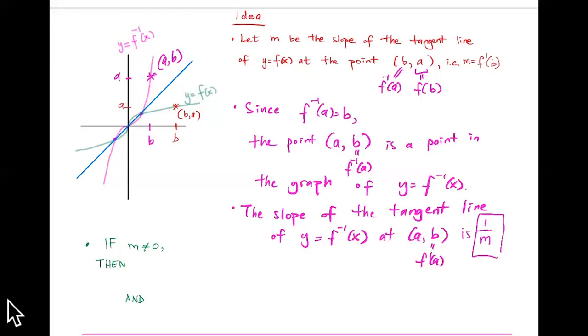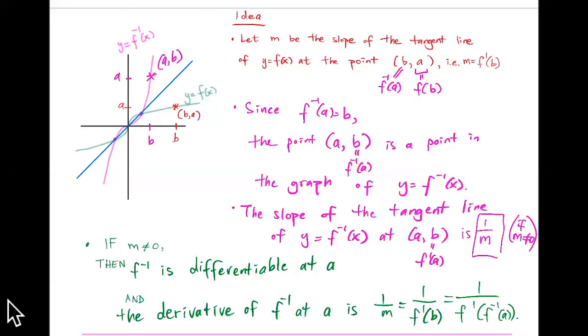And this idea always works as long as m is not 0. Let me rewrite this. So if m is not 0, then we know that f inverse is differentiable at a, and we know how to compute the derivative of f inverse at a. It's just 1 over m. This might look a little bit confusing. So here we have f prime. So f prime just means the derivative of f.